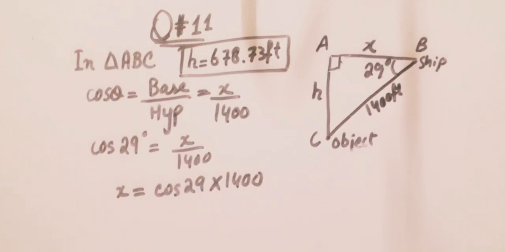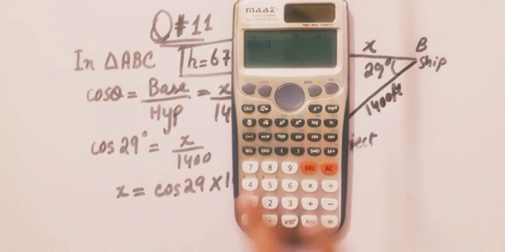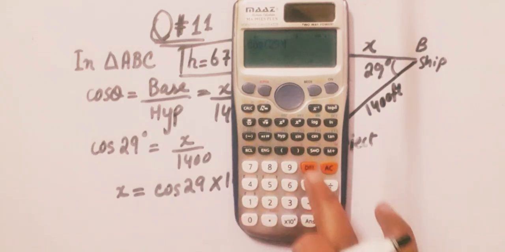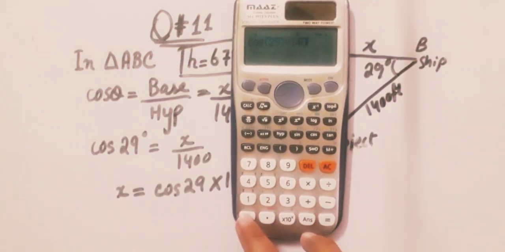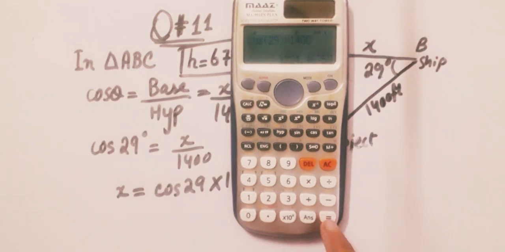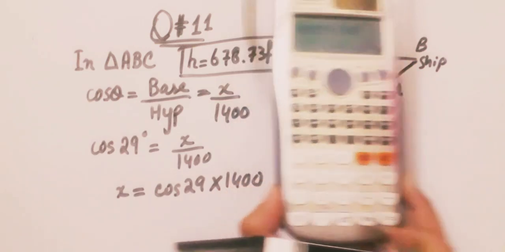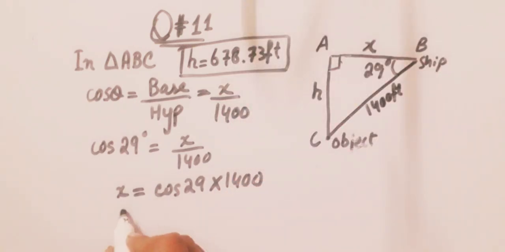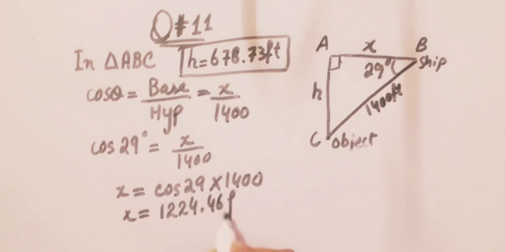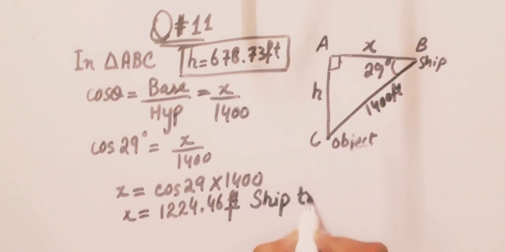You will solve with the help of a calculator. So cos 29 multiply by 1400 is equal to 1224.46. So x is equal to 1224.46 feet. This is the distance the ship must travel to be directly over the object.